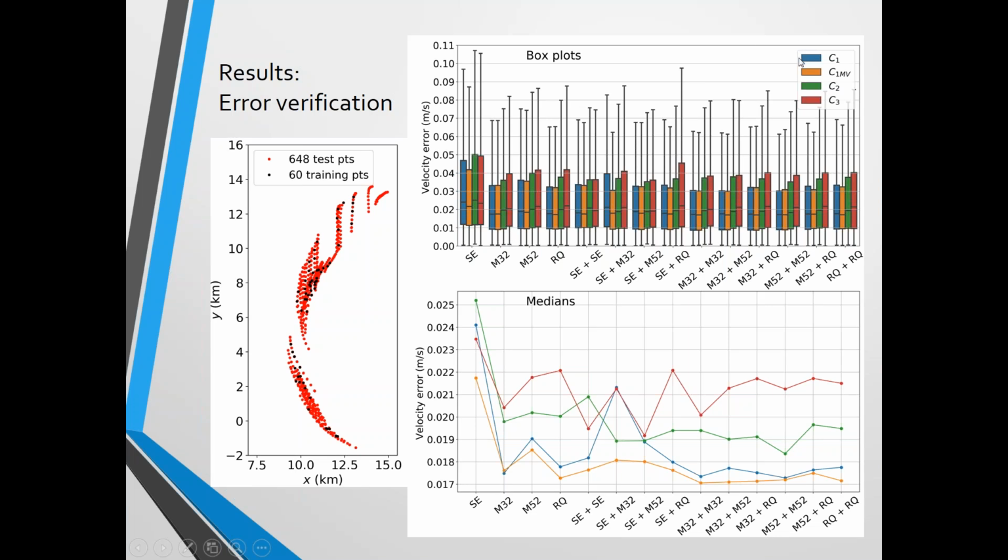The new coordinate systems are blue and orange, and the Cartesian coordinate systems are green and red. And the new coordinate system presented consistently better results in almost all of the covariance functions tested when compared to the Cartesian coordinate system.